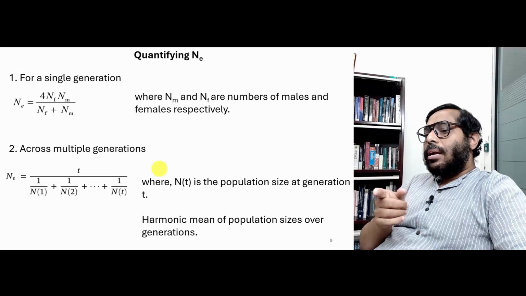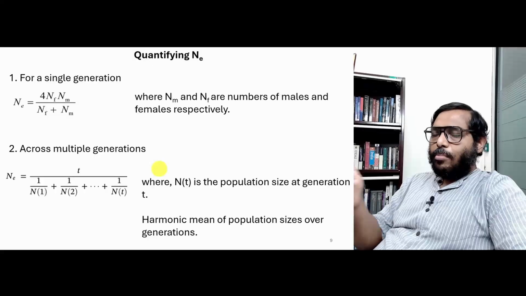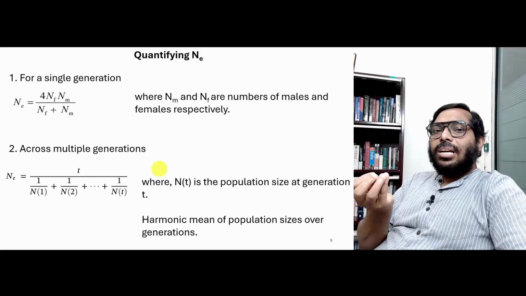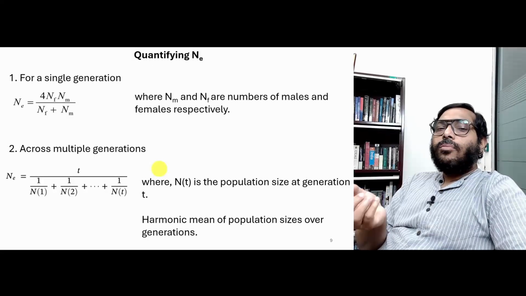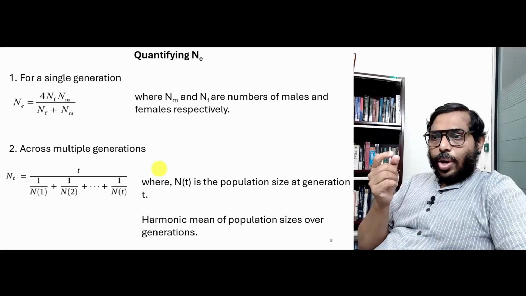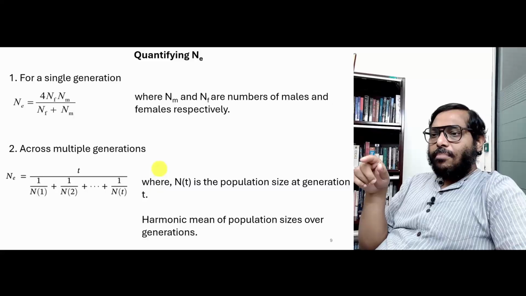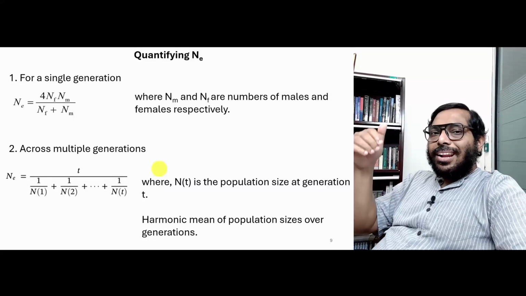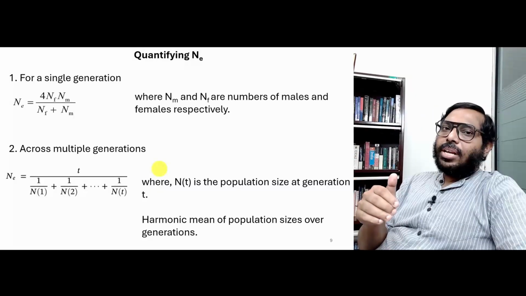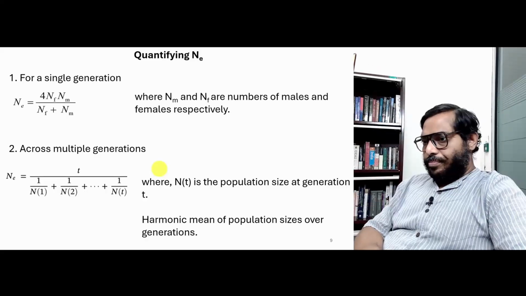And you can see that each time it is going down, due to the property of harmonic mean, the low values are going to have a disproportionate effect on the harmonic mean than the higher values, which is why when you have a population whose size is fluctuating over time, it is the population crashes which end up affecting the effective population size more than the population booms.